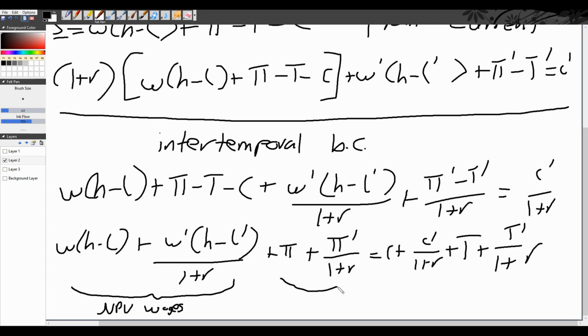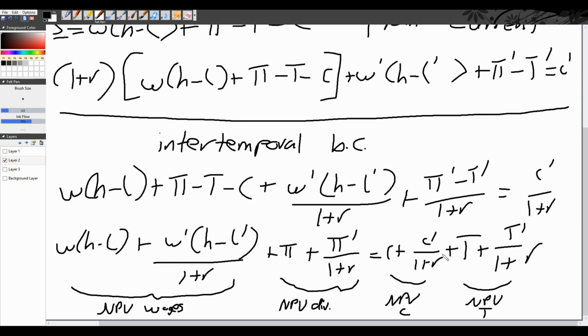This is net present value of dividends. Okay, consumption, net present value of tax. Cool. So this is what we're going to play with from now on.